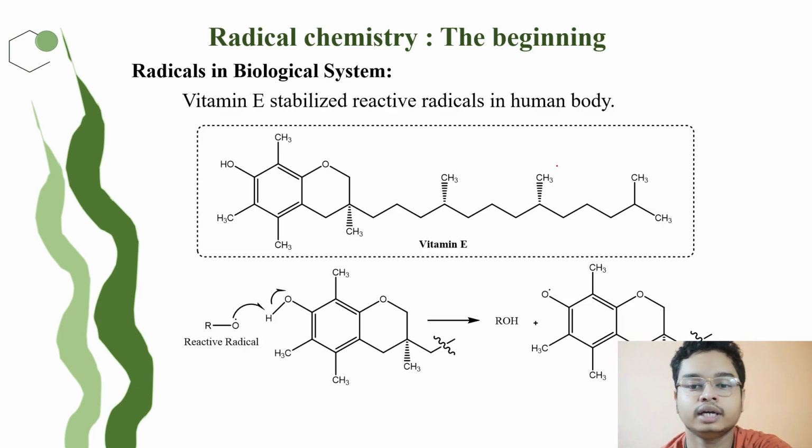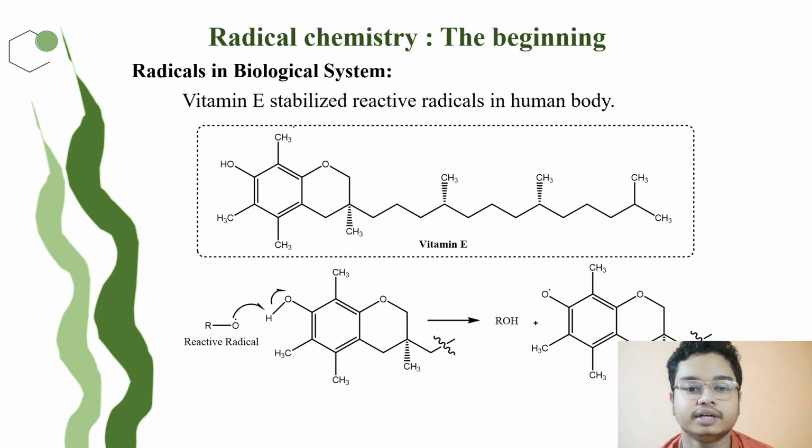Okay, but not only in the environmental aspect, radicals are present in our body itself also. In our body there are some kinds of reactive oxygen species. These reactive radicals formed in our body have severe consequences, such as the aging process as well as different kinds of diseases.